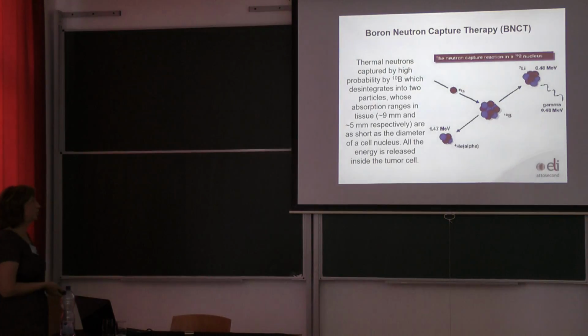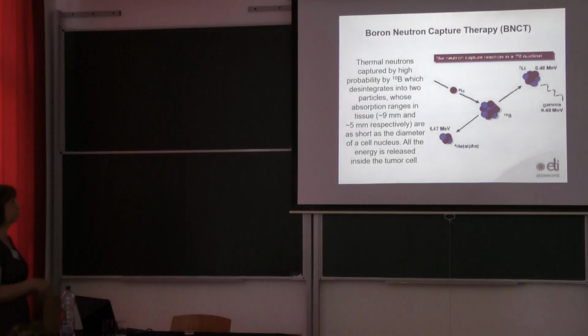So some words about boron neutron capture therapy, which was also tried with fast neutrons, slowing them down. The principle is that the boron atom, or there are several atoms, which have a high cross-section for thermal neutrons, and if it captures the thermal neutrons, it will be excited and disintegrates into 2 particles, because boron 10 itself is not a radioactive atom.